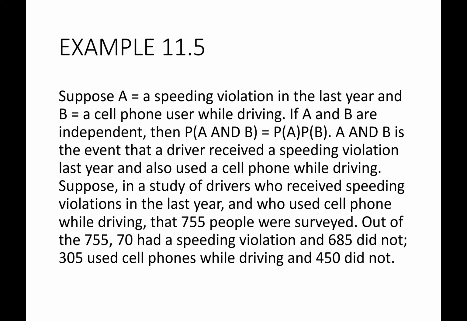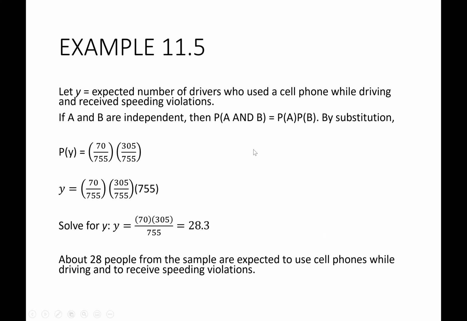So the probability of you getting a speeding violation and using your cell phone is, let's let Y be the expected number of drivers who used a cell phone while driving.